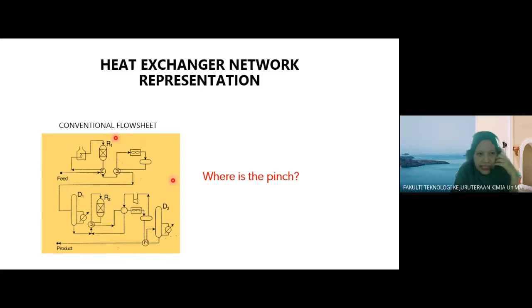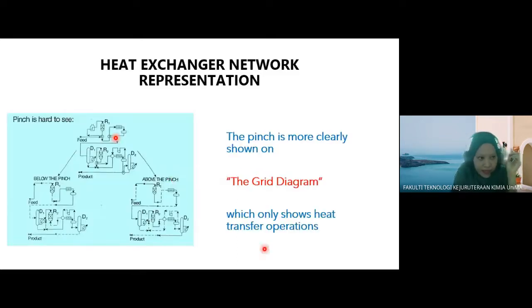So we can use the grid diagram to display the pinch, so that we can know by just looking at it. The pinch is hard to see here, but it is more clearly shown on the grid diagram, which only shows heat transfer operations.